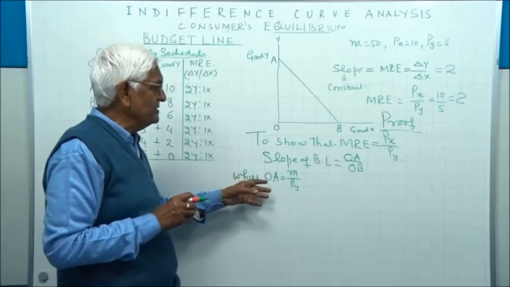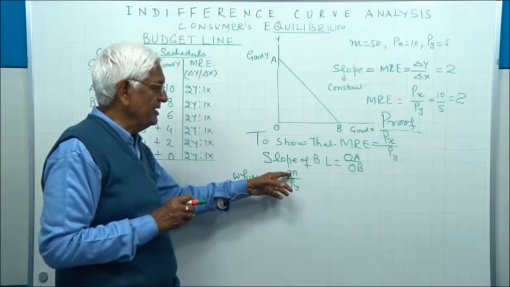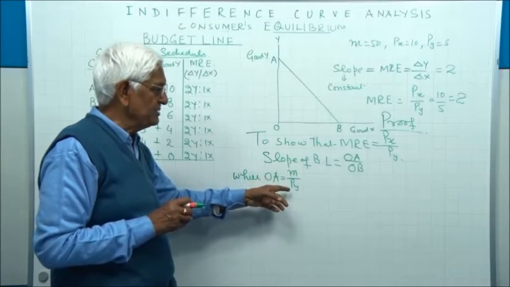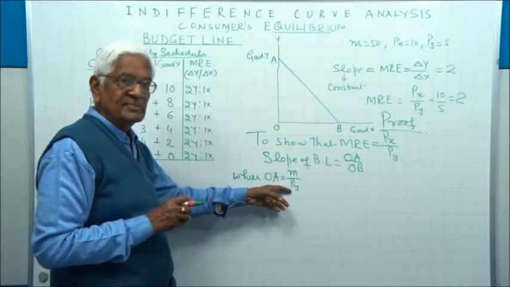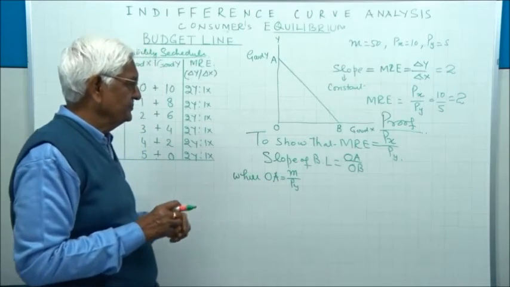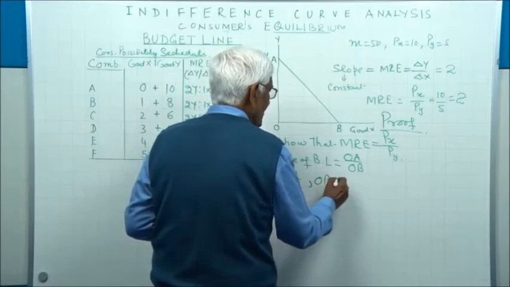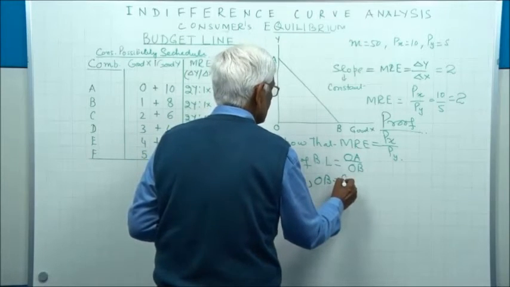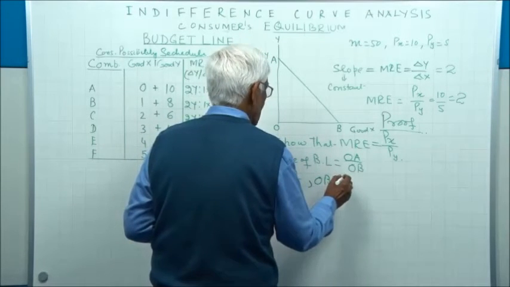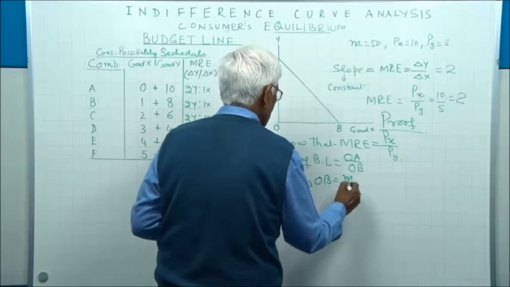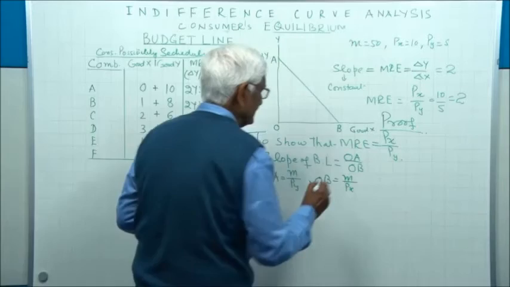Your given income is M, and what you can buy from the given income is M divided by PY, you can buy OA. Similarly, OB is equal to M upon PX.